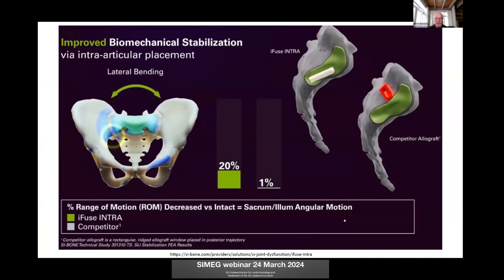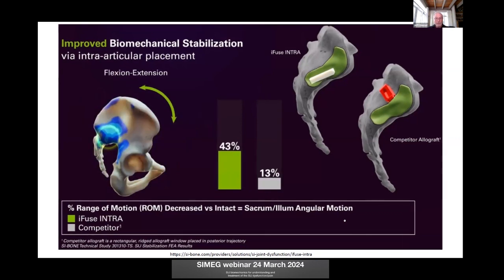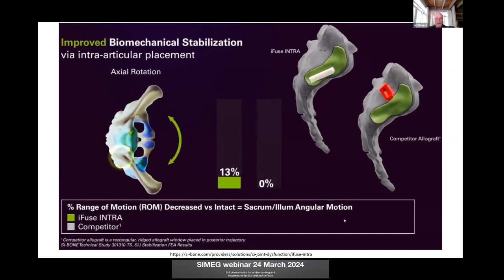They used their FEM and their analysis to simulate the difference in those different locations using those types of devices. And you can see with lateral bending, there's quite a substantial improvement, further validating the posterior inferior approach. Again, also with flexion extension, even more significant, and the rest of the motions that they describe.